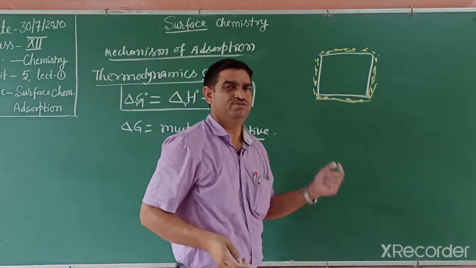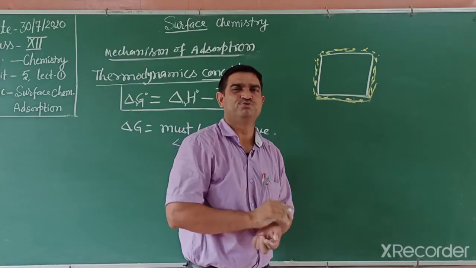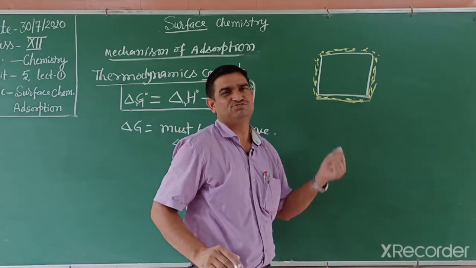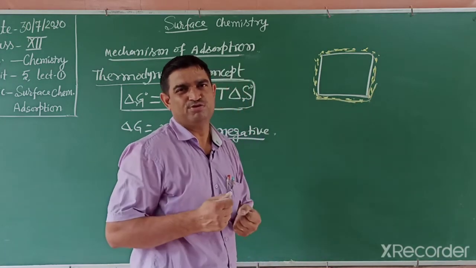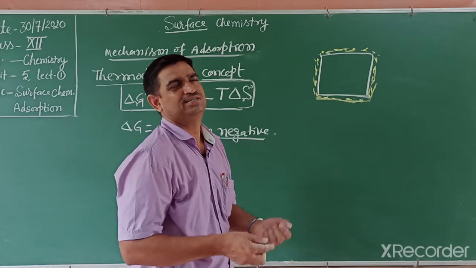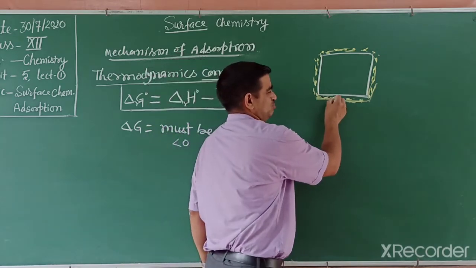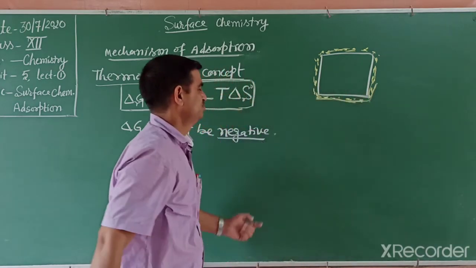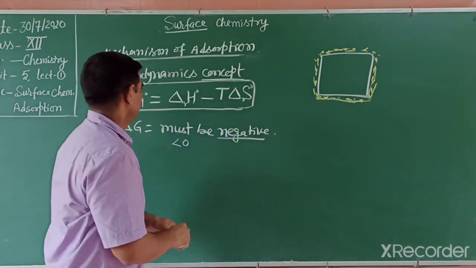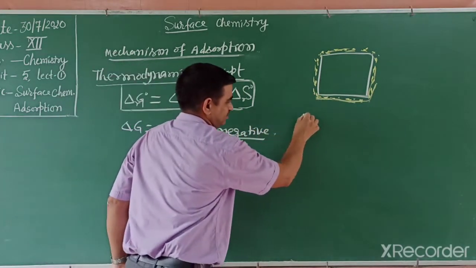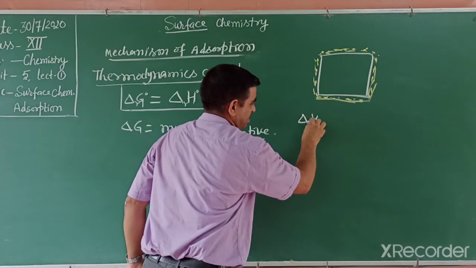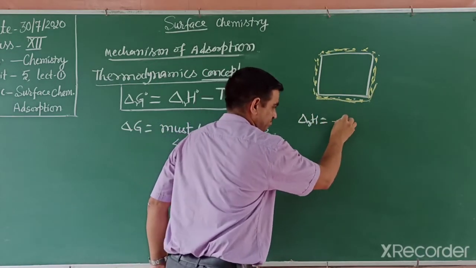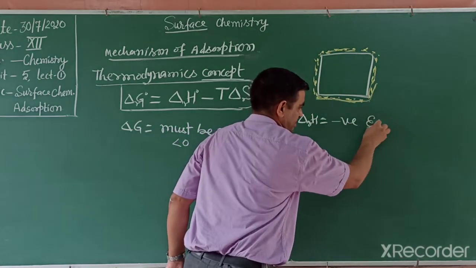If the bond is weaker, there is less energy, 20 to 40 kilojoule in physical adsorption. If the bond is chemical, then strong energy is released, that is chemisorption, 80 to 240 kilojoule. So the enthalpy of adsorption is always negative, meaning exothermic.